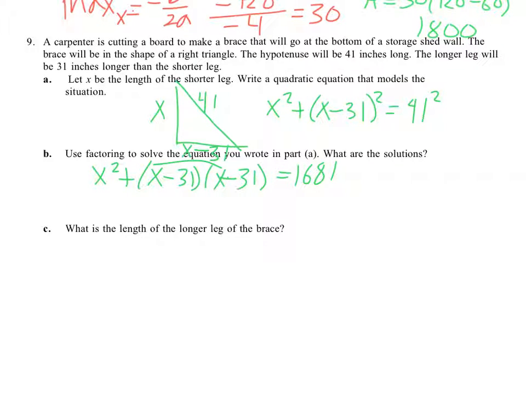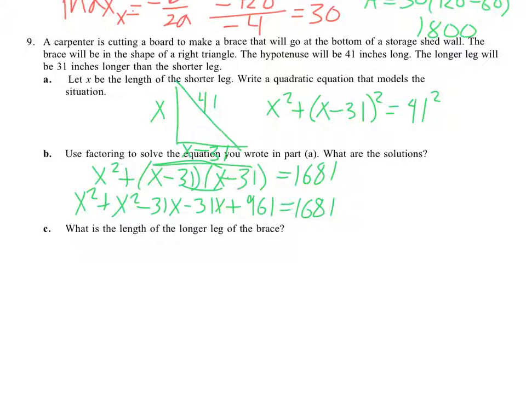We get x squared plus x squared minus 31x minus 31x plus 31 squared is 961. Actually, that one I knew. And we got 1681.